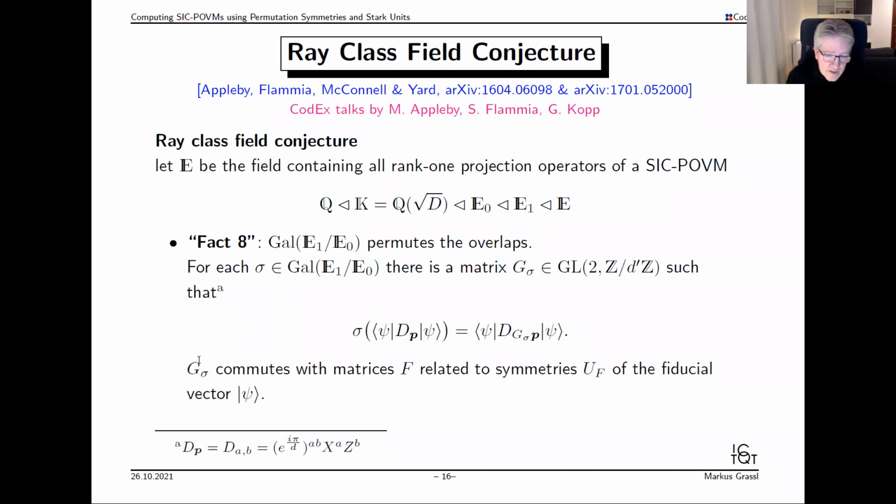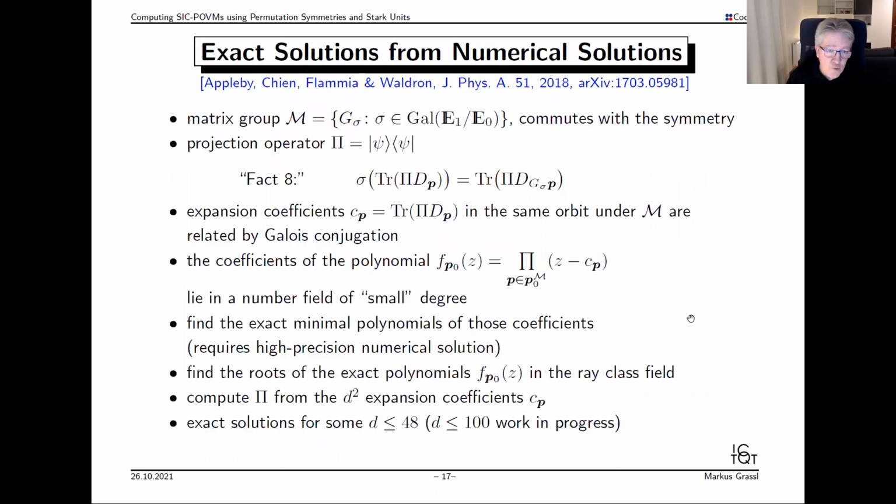Moreover, the matrix G, which acts on this exponent vector AB, is a matrix which commutes with the matrix that encodes our symmetry. Unfortunately, we don't have the explicit correspondence between that, but just by this fact, one can make use of the action of the Galois group.